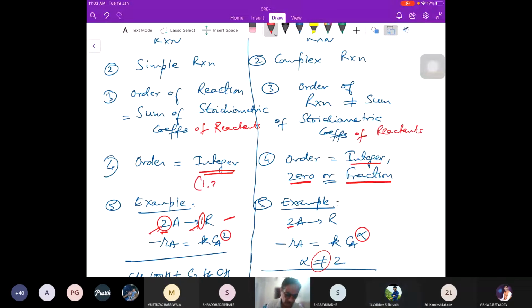It is 1, 2, 3, etc. That's why यहाँ पर 0 ऐड किया है. For non-elementary reaction, it can be integer. That means 1, 2, 3. It can be 0 and it can also be a fraction. 0.5, 0.25, 0.75 कुछ भी हो सकता है because it is an experimental quantity. ठीक है? Any questions on this comparison?